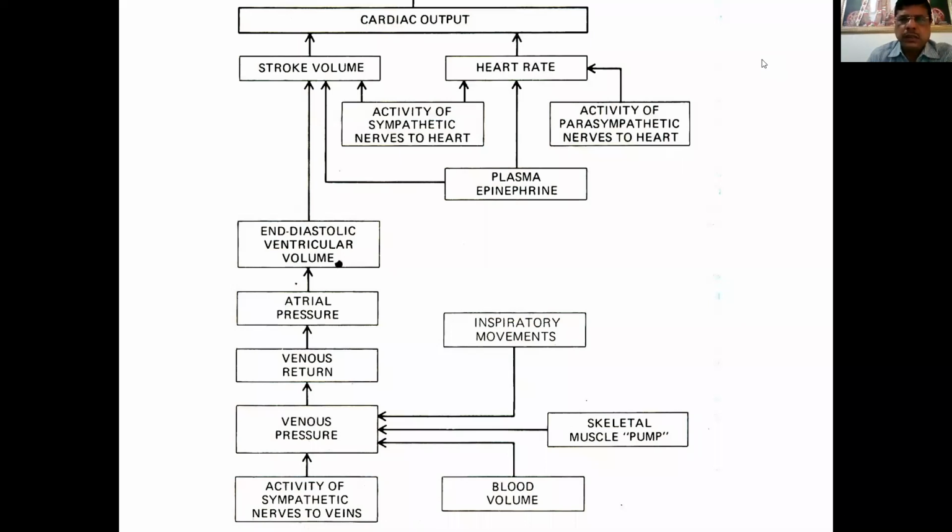It tells in a nutshell all the factors. Yeah, better. You can take down this diagram.